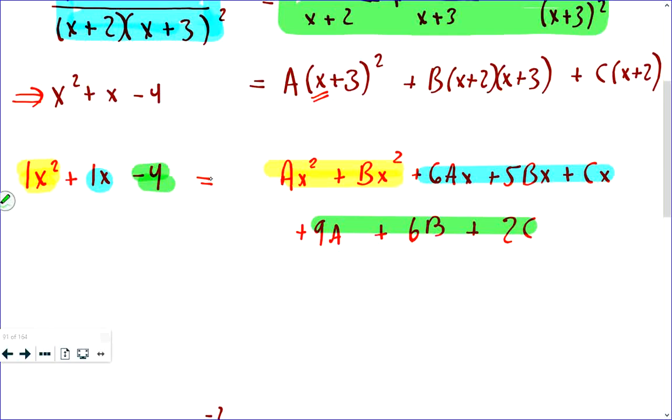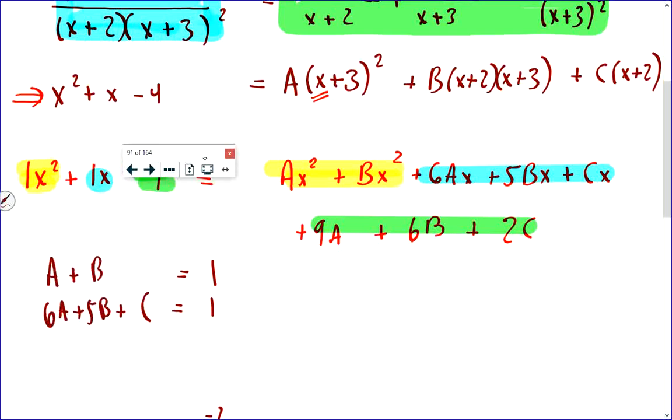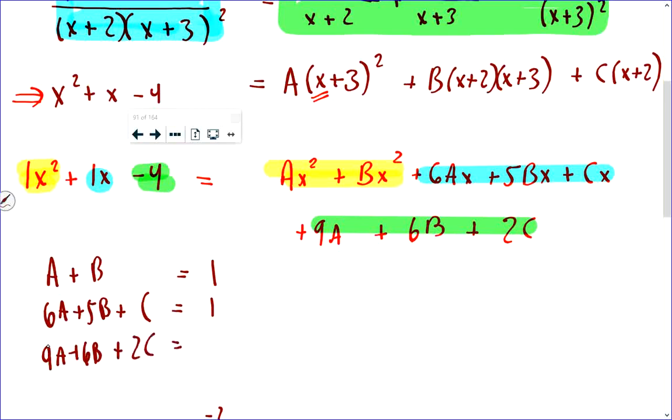Your system of equations would be a plus b equals 1, because the sum of these coefficients has to give you 1x squared. 6a plus 5b plus c has to give you 1 as well, because the coefficient of x is 1, the sum of those coefficients has to be 1. And then 9a plus 6b plus 2c has to equal negative 4.